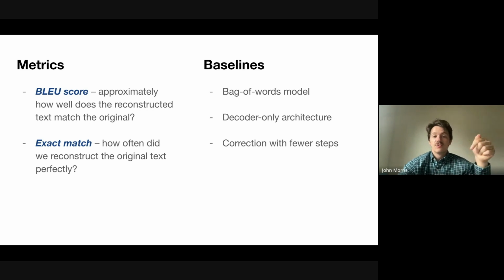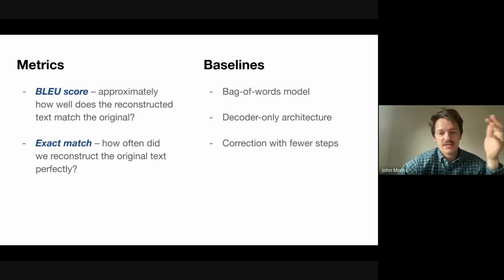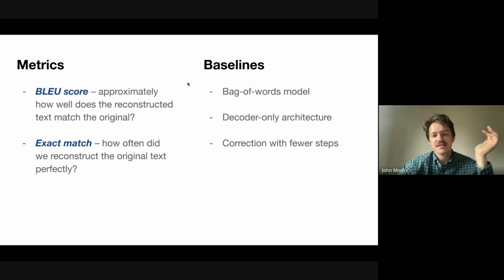In our case, we want to get a 100 BLEU score because that would indicate that we're getting the text back exactly and doing lossless decompression. As baselines, we use a normal bag of words model conditioned on the embedding, the decoder-only architecture I showed, also the newer architecture with no correction, and then various stages of our correction model.